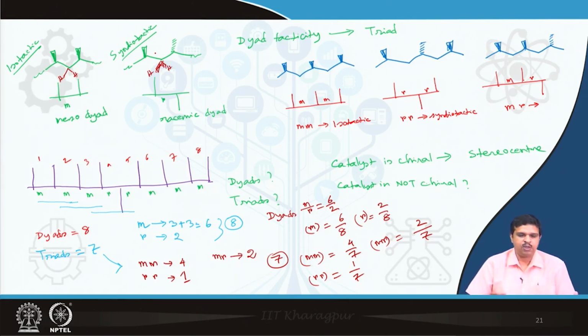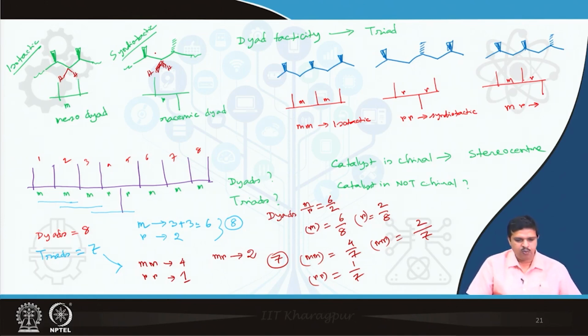I am discussing proton NMR because this is easier to record and easily available. So, with a combination of proton and C13, we will have a good knowledge about the tacticity of the polymers.